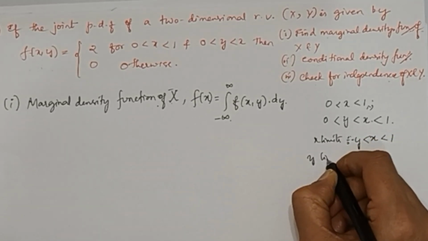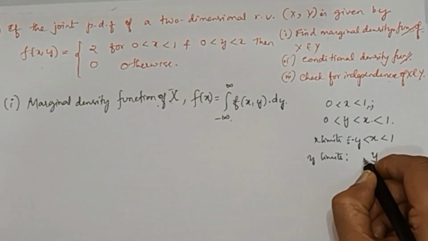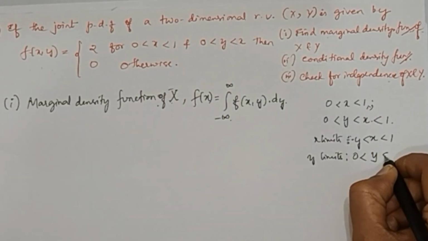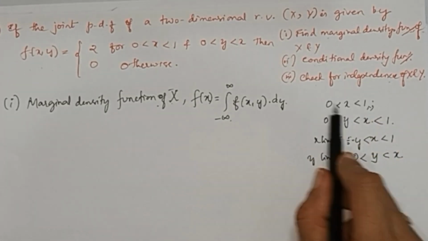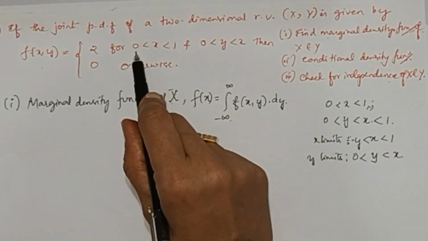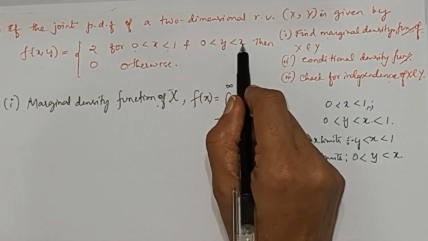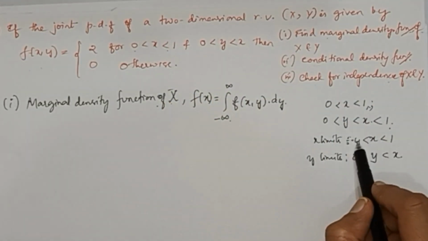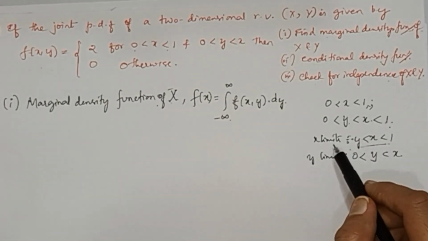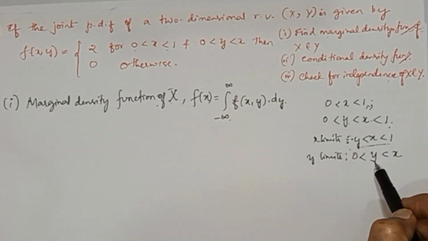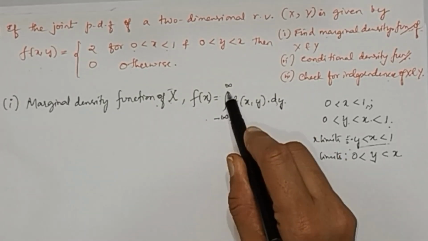The y limits are as given, directly greater than 0, less than x. Only the x limits you have to write like this, because it is given that x is greater than 0, less than 1, and y is greater than 0, less than x. Therefore, x is greater than y, less than 1. These limits come for x. The y limits are these. Here you need dy, so these are the limits of y.